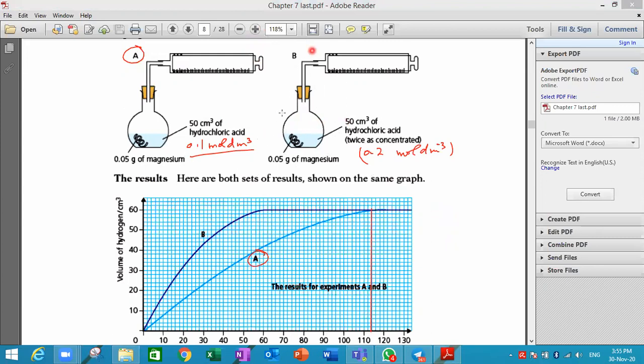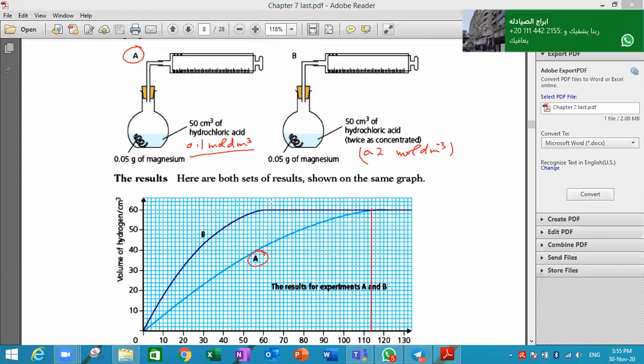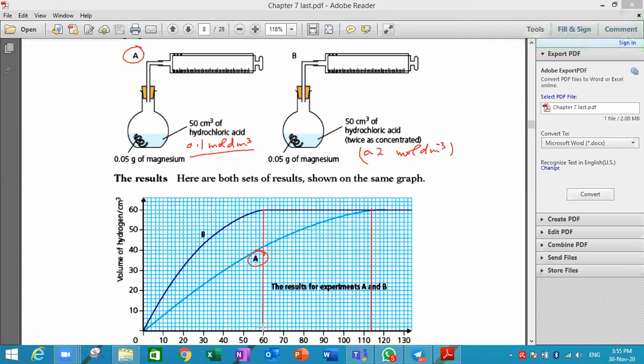We will find that we get this curve B. As you see, curve B is steeper than curve A, and we reached the maximum volume of hydrogen gas produced after 60 seconds. So the curve was steeper. It means that the reaction rate was faster, and we got the same maximum volume, but in less time. And this means that, what do we conclude from this experiment?